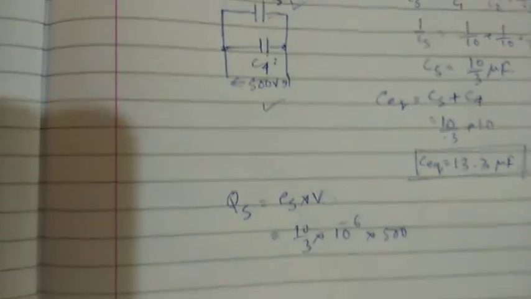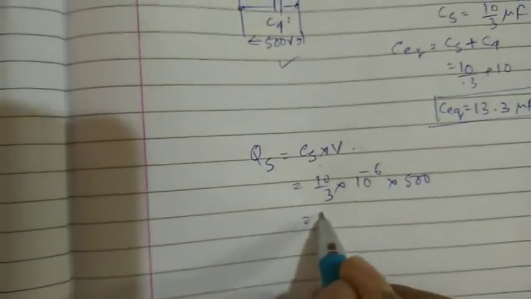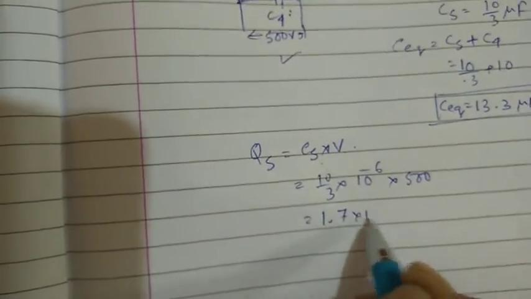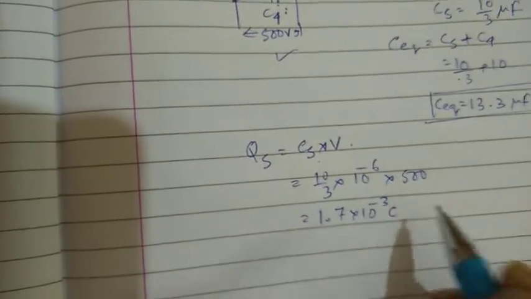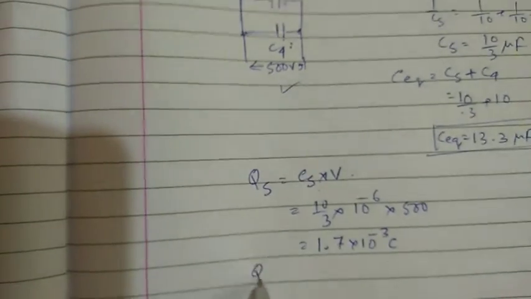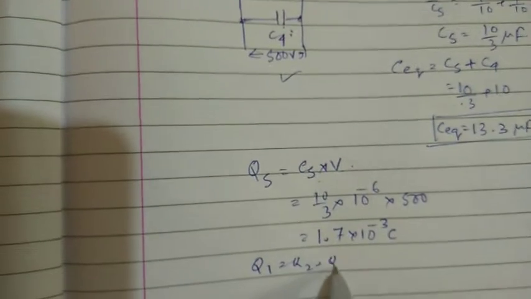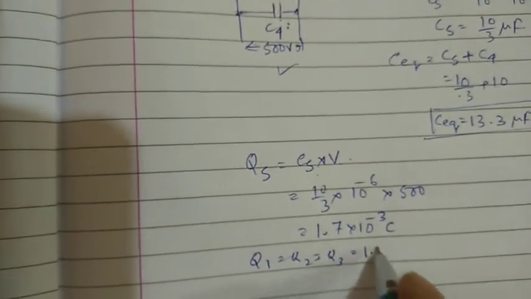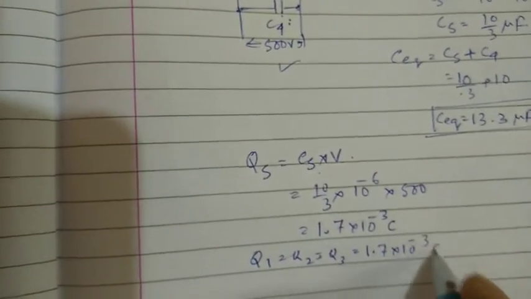Calculating, it gives 1.7 into 10 to the power minus 3 coulomb. So Q1 equals Q2 equals Q3, all three are in series and have the same charge, which is this one.